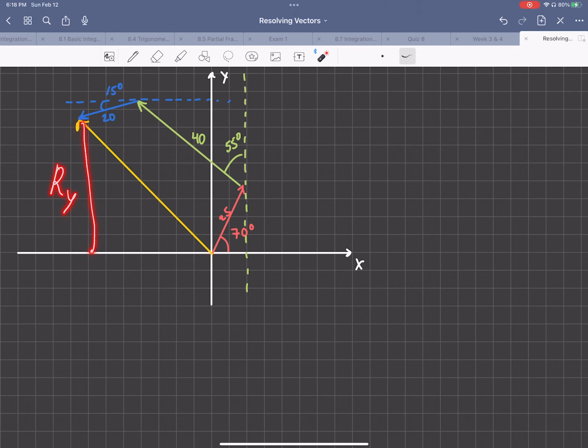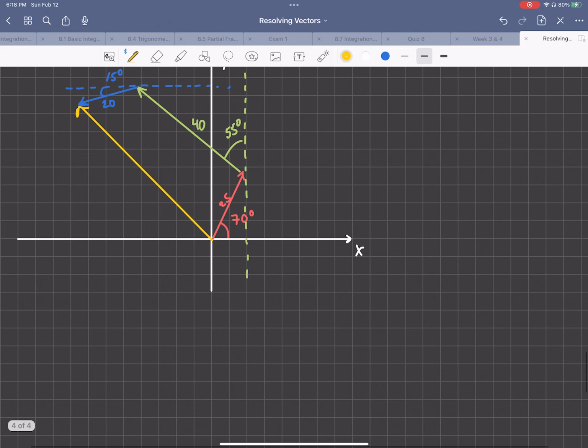Ry would be here, not X, and then try to find the magnitude from these two sides. So I can find this and I can find that, and then I can find this resultant vector. So I'm going to show you how you can solve this problem. We are basically finding Rx, the x component of this vector, which would be this vector.